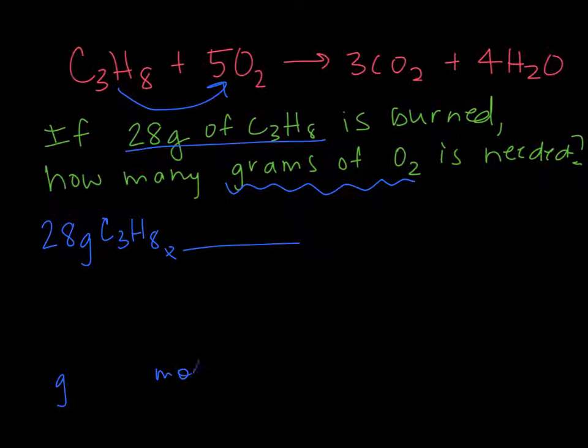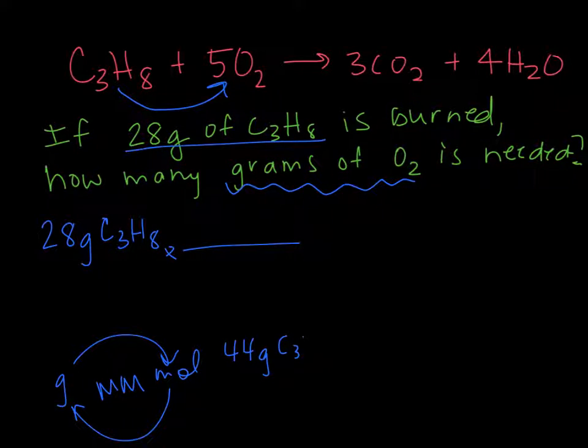In order to go from grams to moles, or moles to grams, I have to use the molar mass. And we calculated the molar mass earlier for propane. It is 44 grams of propane in 1 mole of propane.